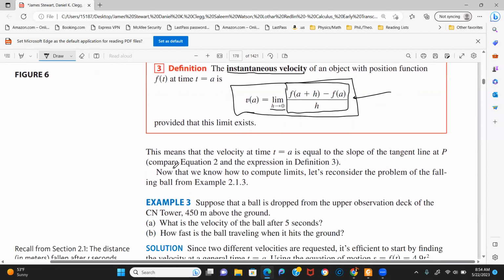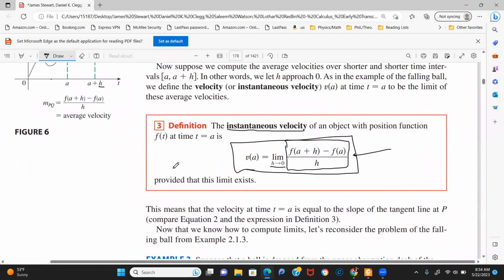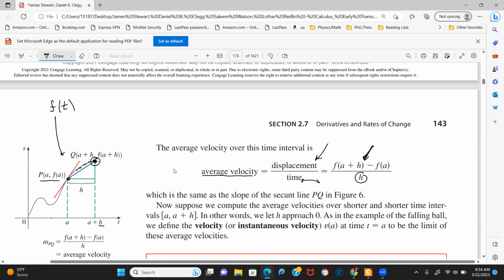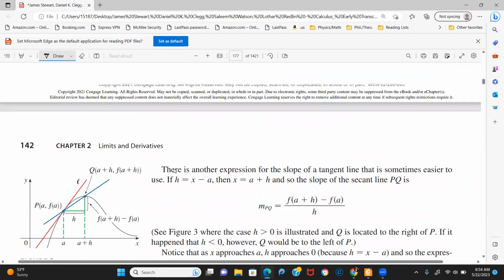So let's see. All right, so now that's the average velocity, and the notation you use is just v of a. Usually we don't use f of t. We usually use p of t to denote position, but that's okay. It doesn't matter. And then the other problem is the tangent problem.